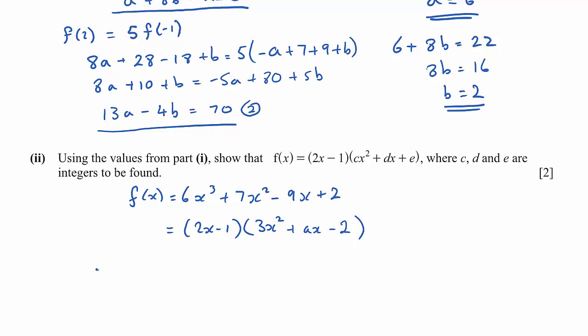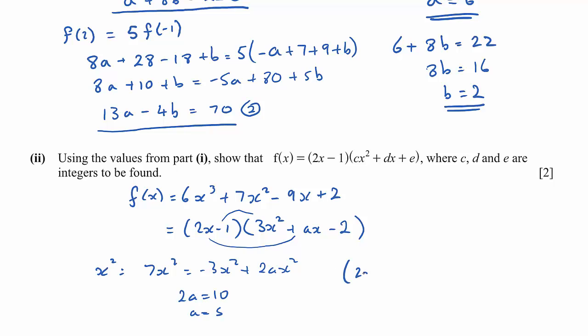And I can compare coefficients of x squared there. So I've got 7x squared in the original, and what exactly gives me x squared from here? So I'd have minus 3x squared plus 2a x squared. So that means that 2a would be equal to 10, so a is equal to 5.